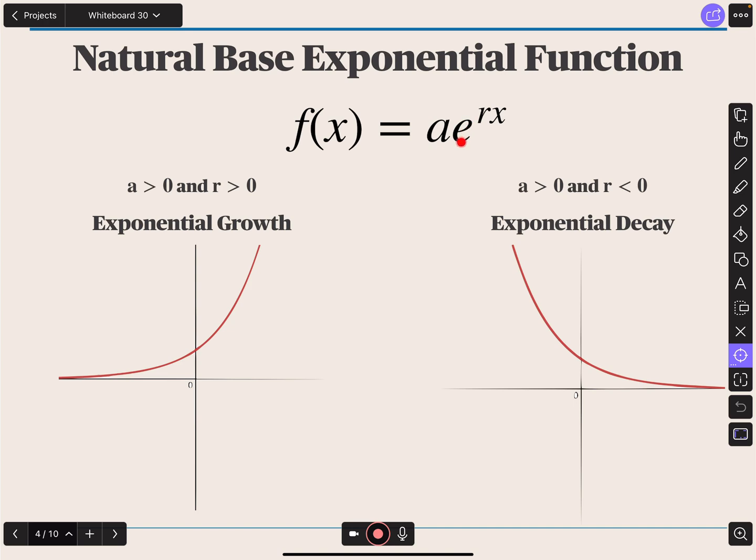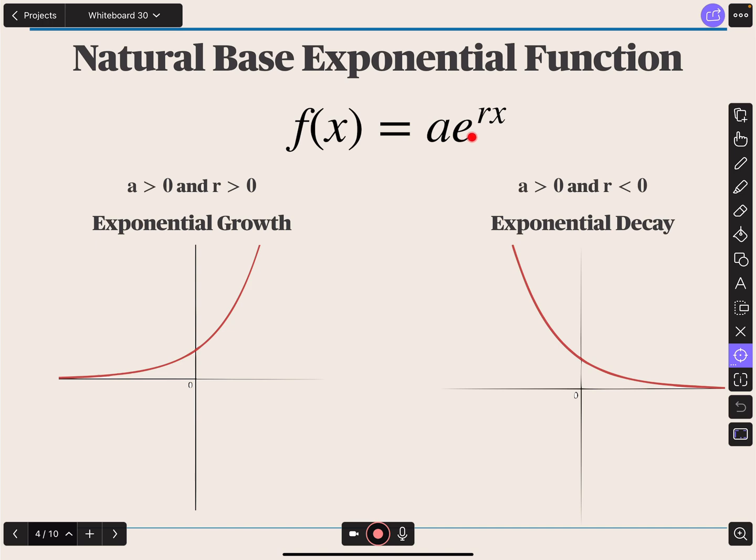It's called the natural base exponential because here's your base e, and your exponents are right above it. The a is not part of the base, just the e is the base. The a would be called the coefficient, and the r and the x are both exponents. So with our base e functions, you have to remember e is about 2.72.